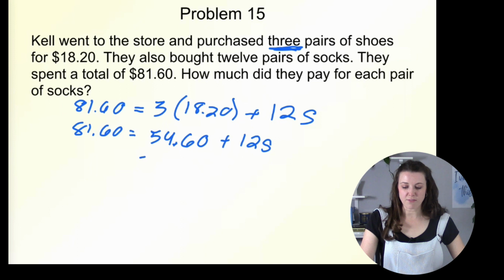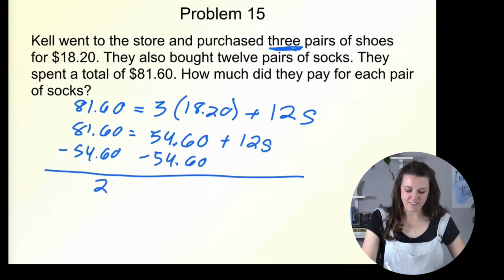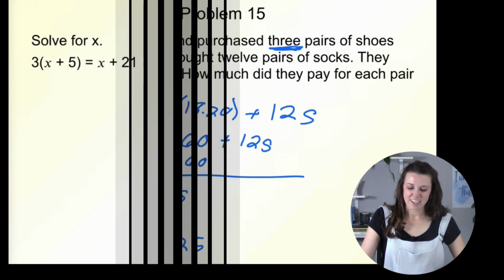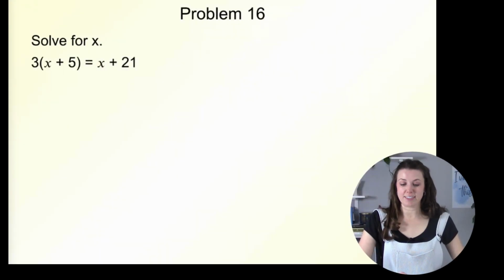Okay, so subtract the 54 from both sides, and we get 27 equals 12S. Divide both sides by 12. And so each pair of socks is $2.25. So here we're just solving for S.